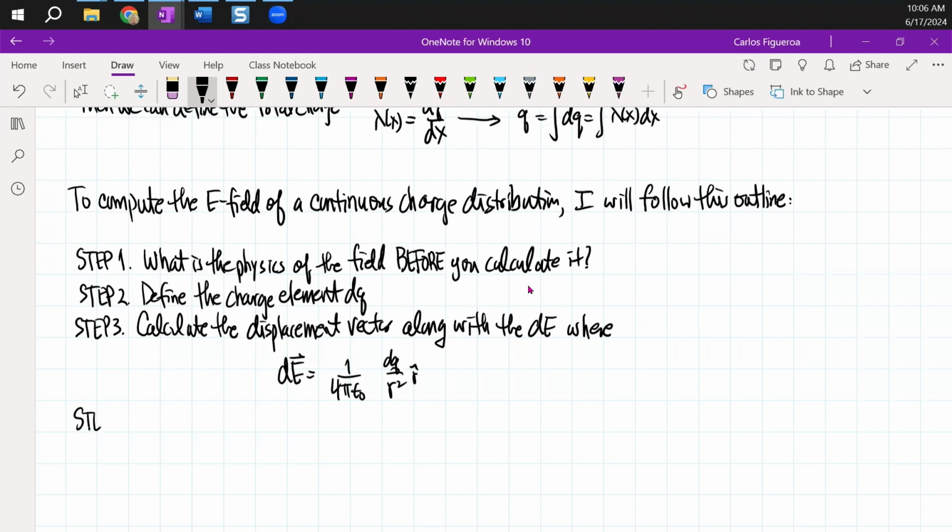Then I need to finally integrate this function, so I'm going to integrate over all the dE fields. In other words, E will be the integral of dE.